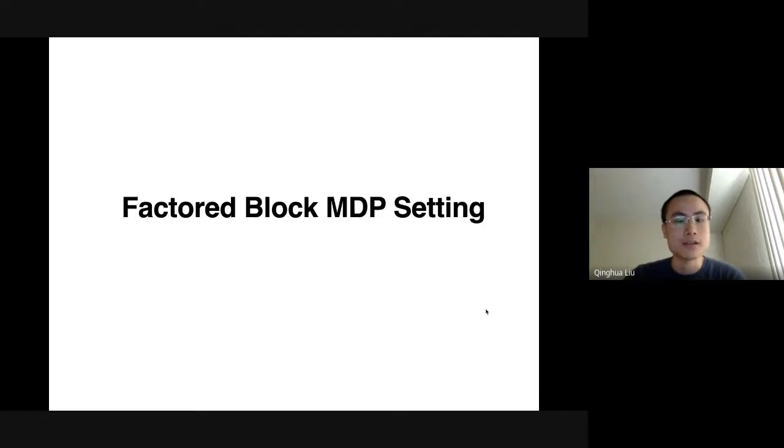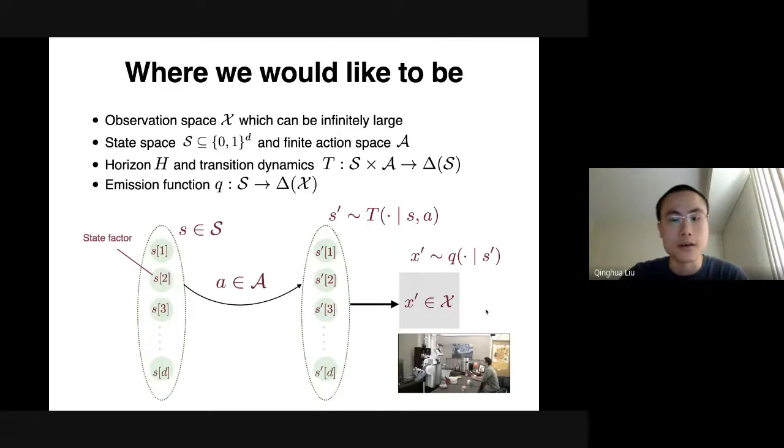So now let me introduce the formal problem setting we want to solve. First, we consider infinitely large observation space and factored latent state space simultaneously. We will use capital T to denote the transition function, and this little q to denote the emission function.